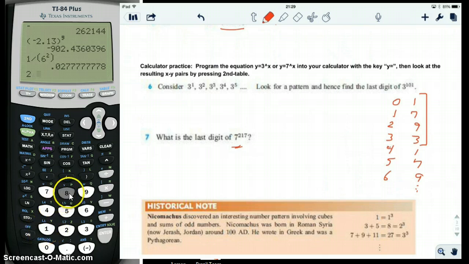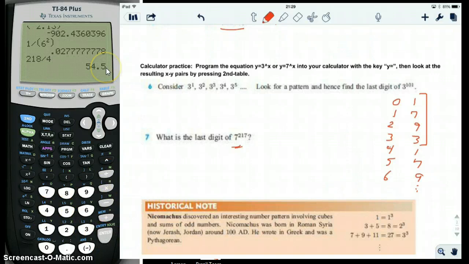And for 218, we'll check if that's a multiple of 4, because if it were, that would be the last number in the cycle. Since it's not a multiple of 4, the nearby multiple of 4 would be 216. So 216 I think is a multiple of 4. So the 216th number would be exactly the end of a cycle, which would be 3.